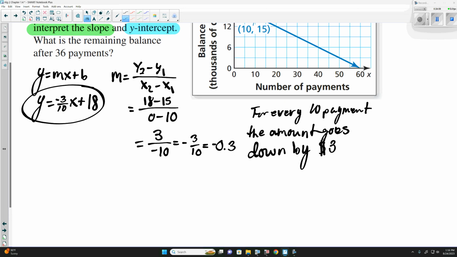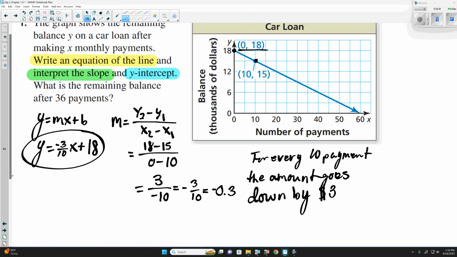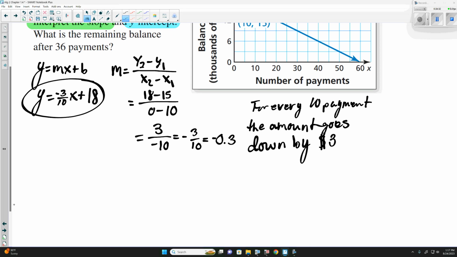Look back at our y-axis. What does it tell us? It's balance, but I think there's something else there. What else does it include? What are our units? Balance is in what? Exactly. Thousands of dollars. So is it really going down by $3? $3,000.